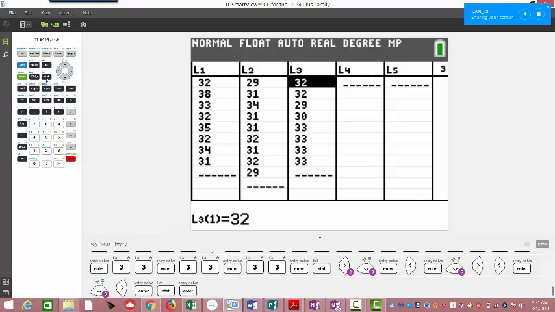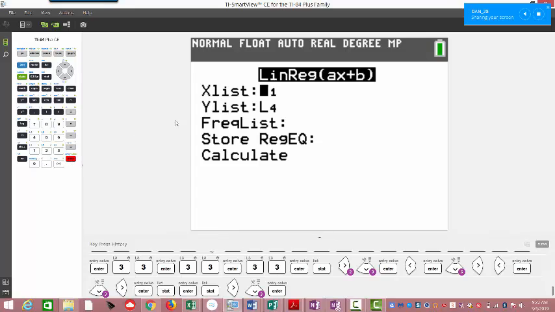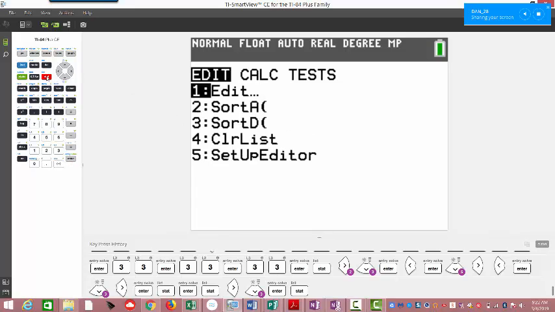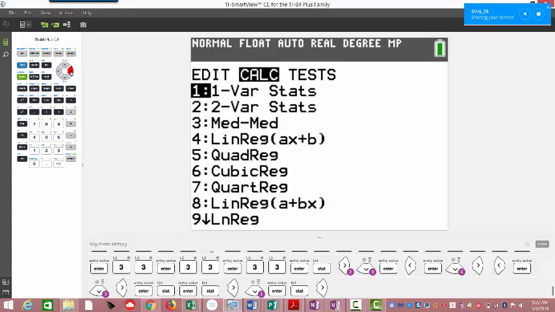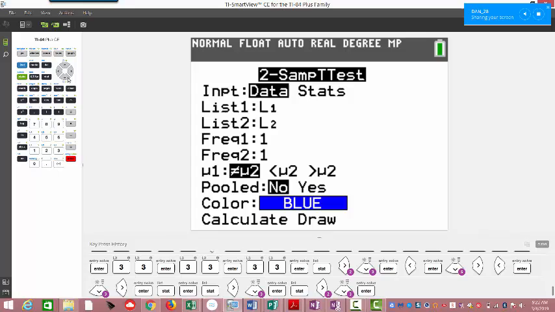So then I would go into my stat test number 4 again. I picked the wrong one. Try again. There we go. This time I need to compare list 1 with list 3.